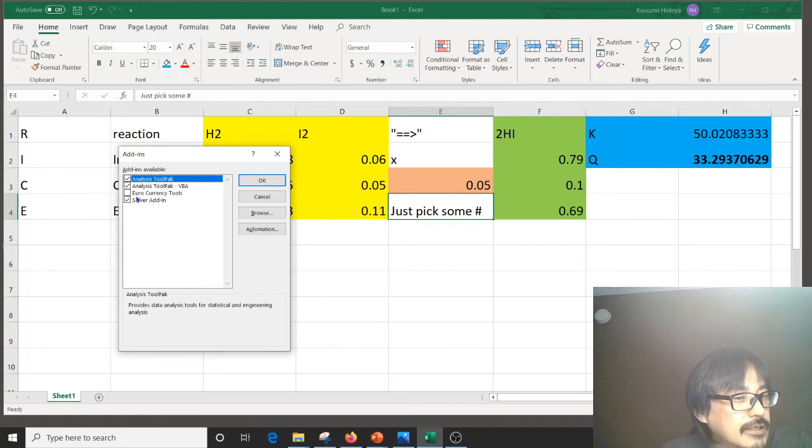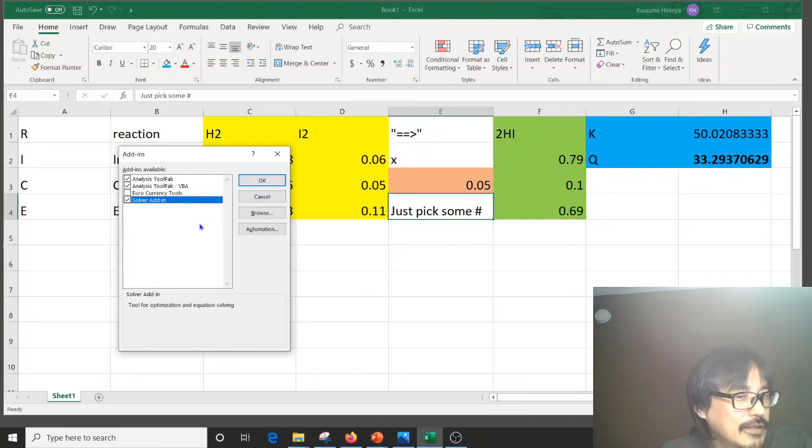Make sure that thing is checked, and you might want to keep these other things checked for later use. So I usually check that one, and I check that one. That's good enough. You really need this one only, but it doesn't matter. It's going to come in handy later on, not for this class, but for quantitative chemical analysis. But this one is good for this class.